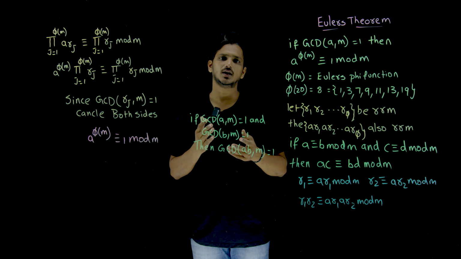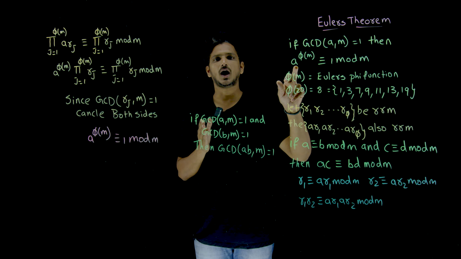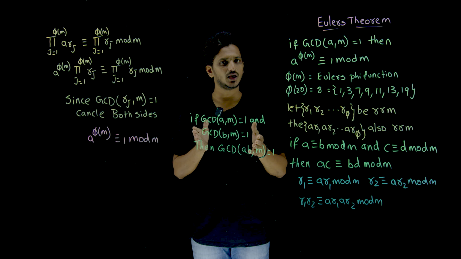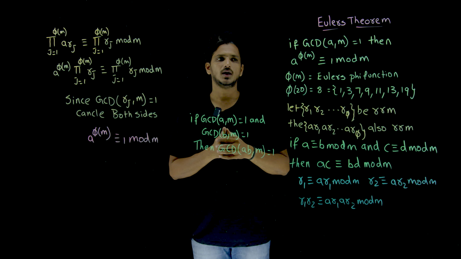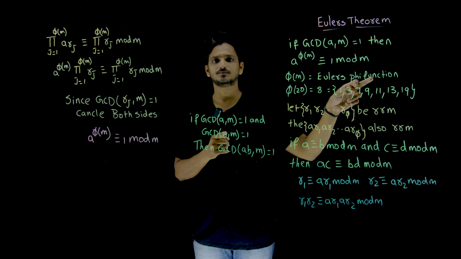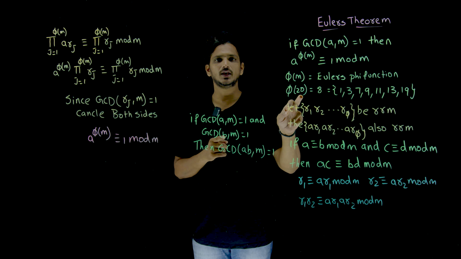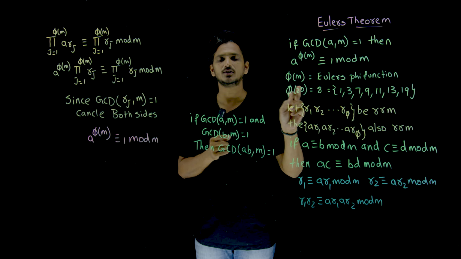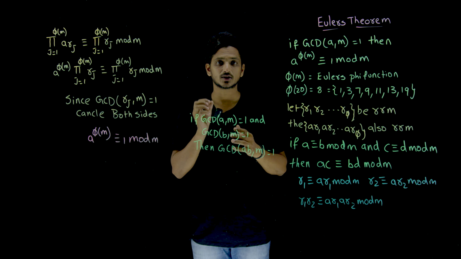Let's assume that A is equal to 21 and M is equal to 20. GCD of 21 comma 20 equal to 1. And what is meant by Euler's phi function? Phi of 20 equal to, what is the phi of 20 value? 8 values are there in phi of 20. What is meant by Euler's phi function?